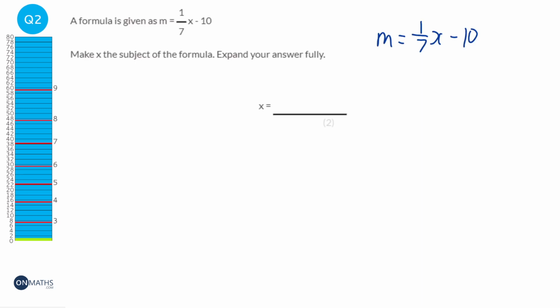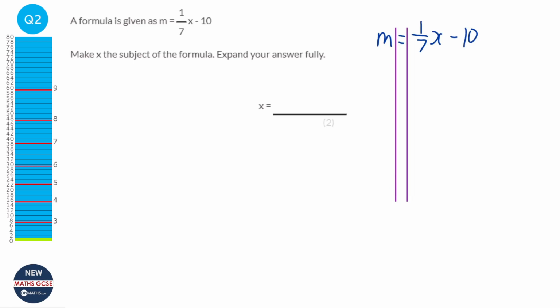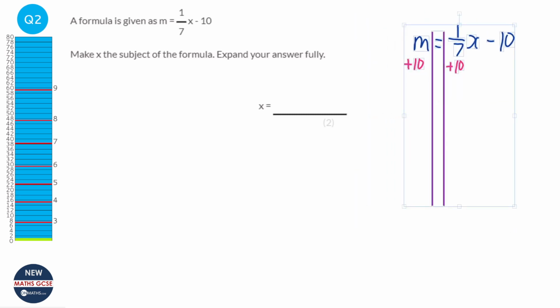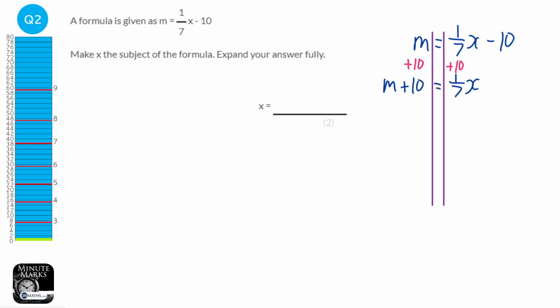And I can put my lines in. Okay, we're asked to make x the subject, so we're going to first of all add 10 to both sides. In fact, I'm just going to move all this over a little bit so I've got a bit more space. Okay, so we're left with m plus 10 on the left hand side, and we've got 1/7 x on the right hand side.